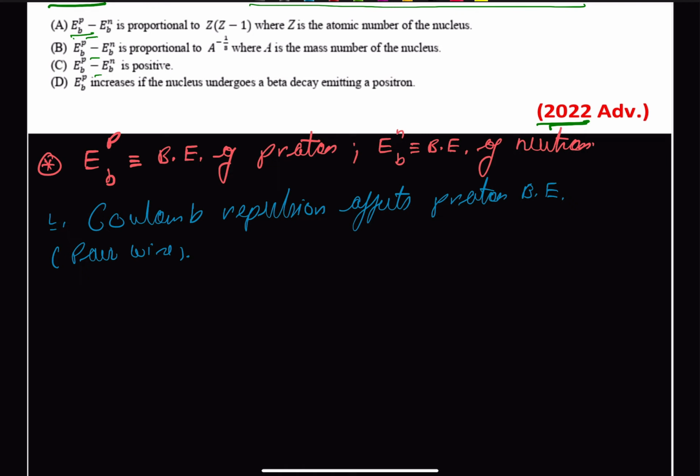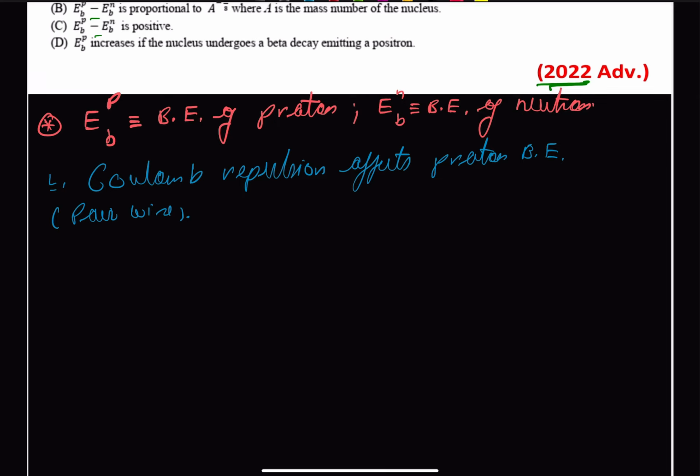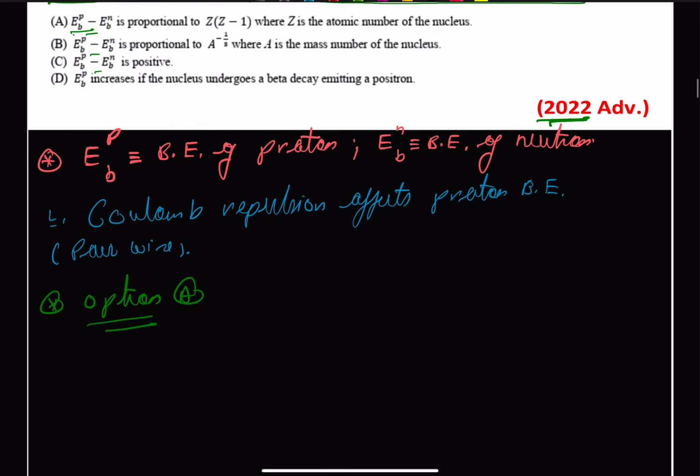And so the option A says that the difference between the binding energy of proton minus that of neutron is proportional to Z multiplied by Z minus 1, where Z is the atomic number.